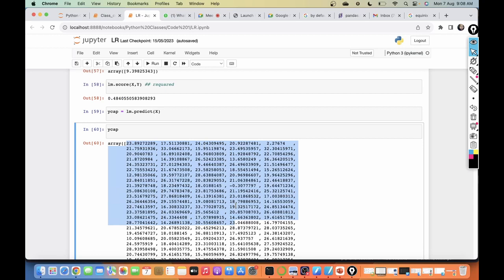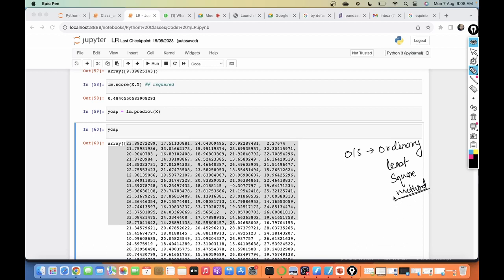Now we will also learn about the OLS method, one more method that provides more information. OLS, Ordinary Least Square method, right?